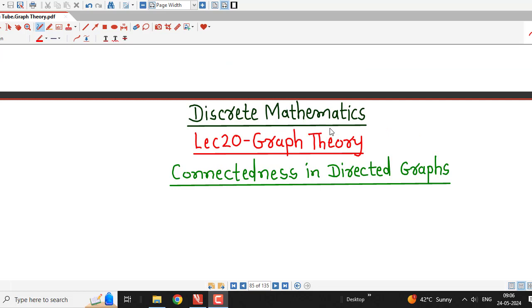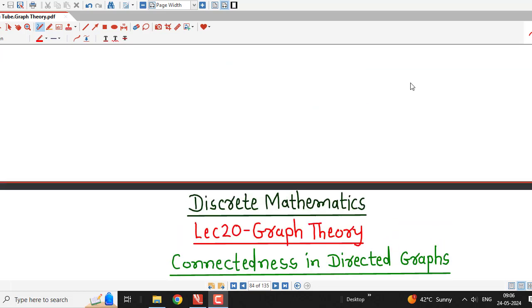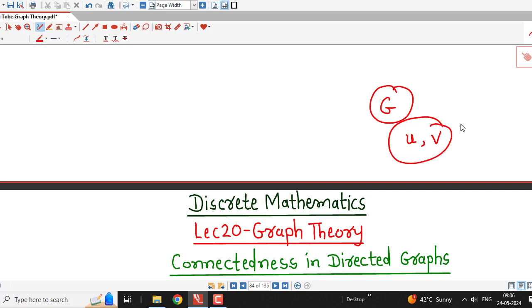So in undirected graph, if we recall, graph G is said to be connected if for every pair of distinct vertices there is a path between them, or graph G is connected if for any pair of vertices one node is reachable from the other.